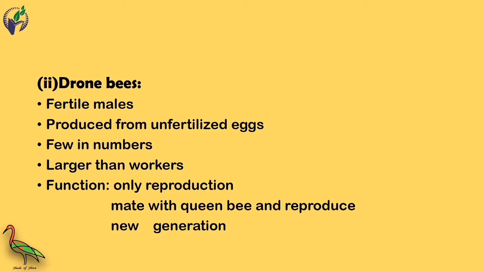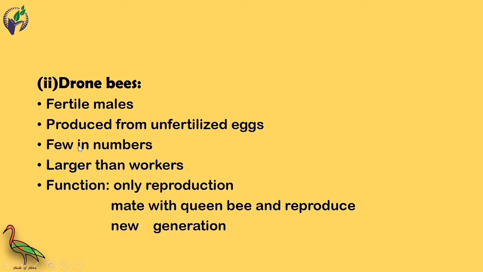Second one is drone bees. Drone bees are fertile males, which means they can mate with the female and produce new progeny. They are produced from unfertilized eggs. The queen bee is produced from a fertilized egg, while the drone bees are produced from unfertilized eggs.